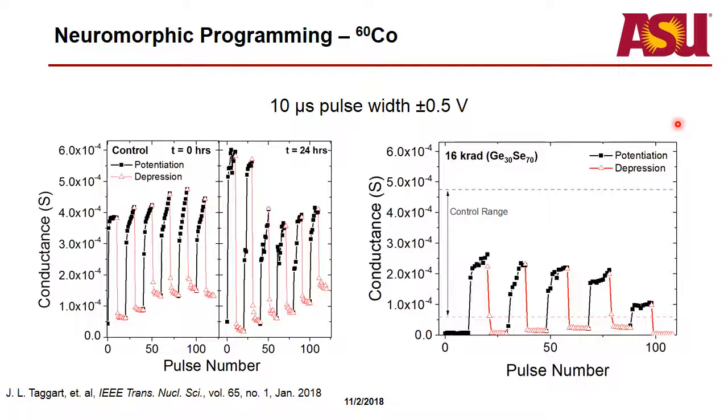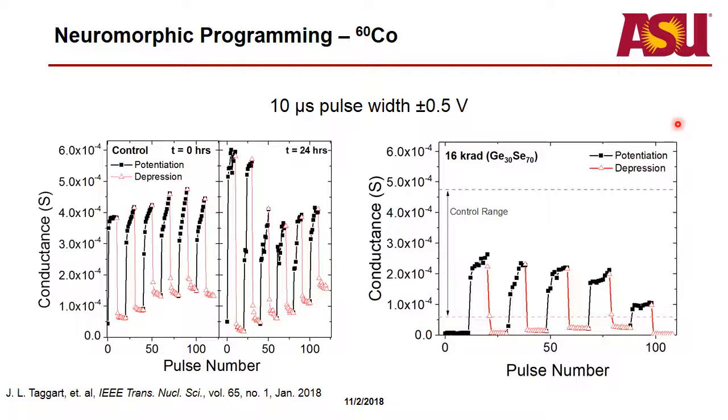using faster pulses is going to introduce a lot of ringing into the device. So we have to keep the pulse widths relatively large. In order to compensate for the width of the pulse, we lower the amplitude. So instead of using 0.9 or 0.7 volts for the amplitude, we used 0.5 volts, and we had 10 microsecond pulses.